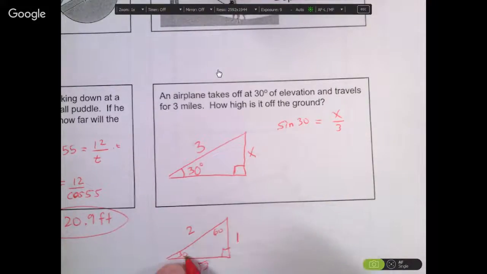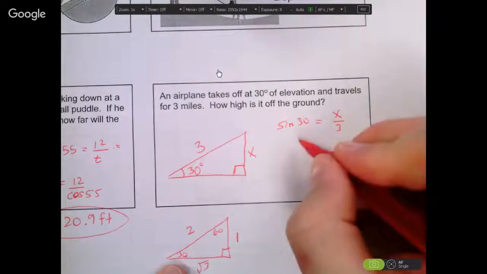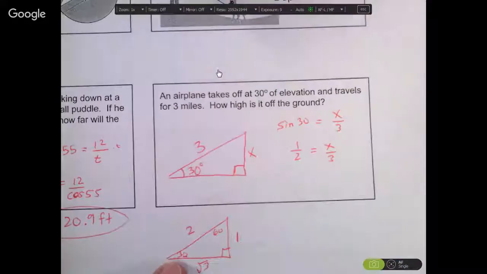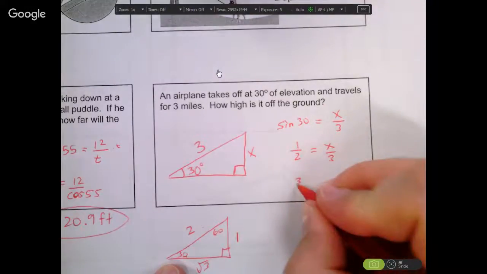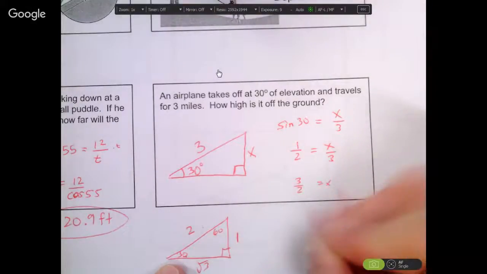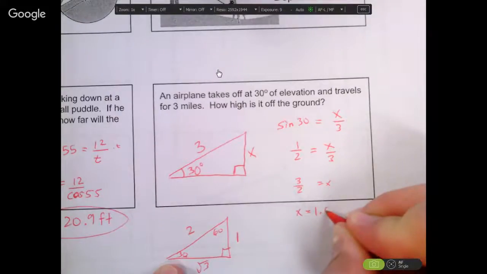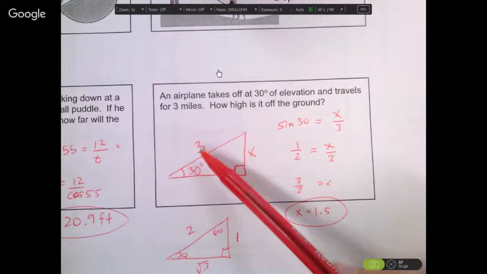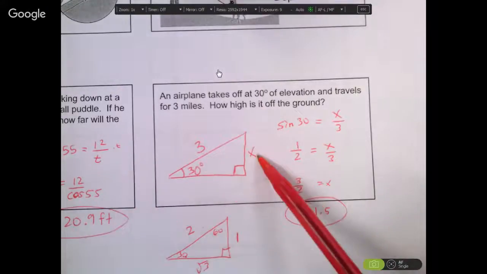So sine of 30 is opposite over hypotenuse. What is that? 1/2. Then I would times by 3, and it would be 3/2 equals x, or 1.5. Or we also know that if this is x and this is 3, then this is half of that.